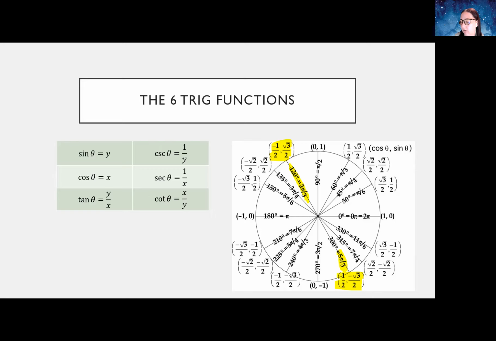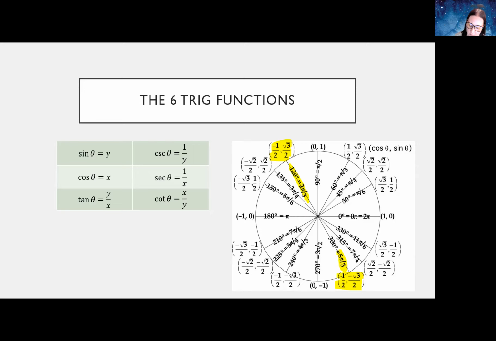But then we also need to figure out what other values would be equivalent to that, and the period of tangent is pi. So when you add pi, you get 2 pi over 3, and we get back to that other value.